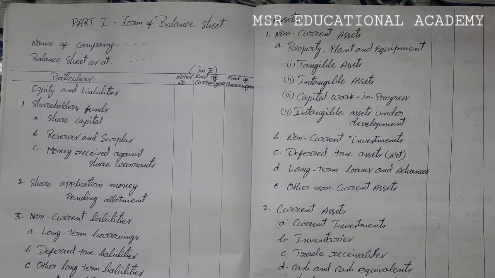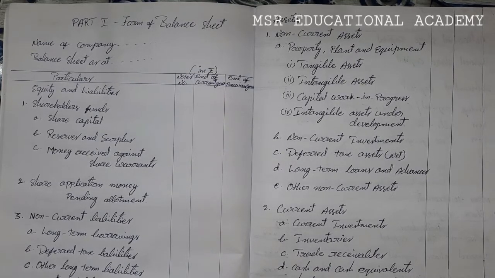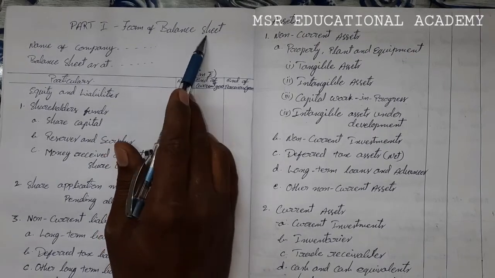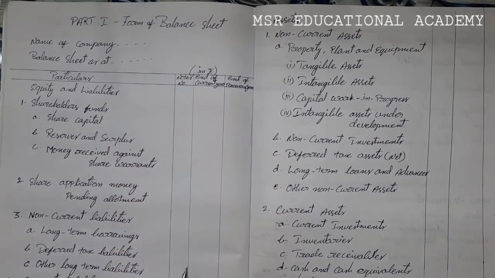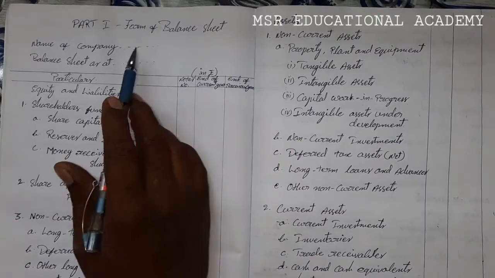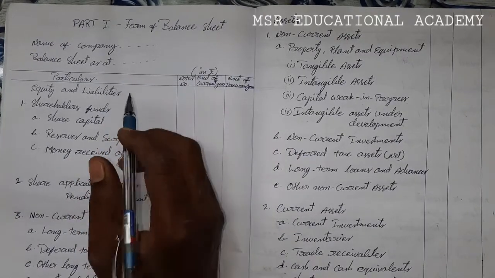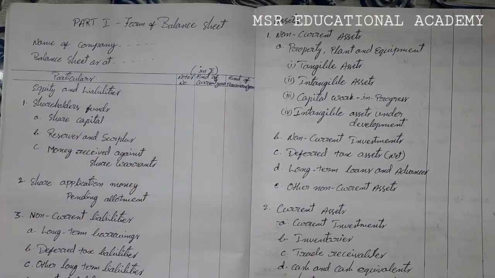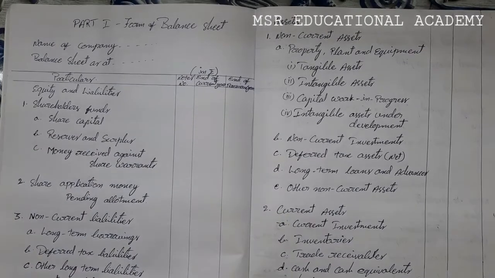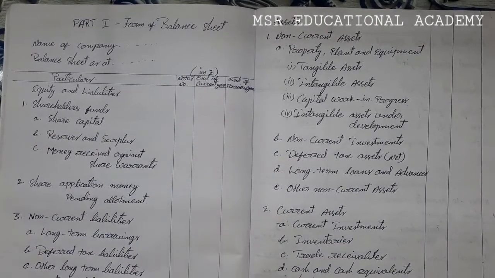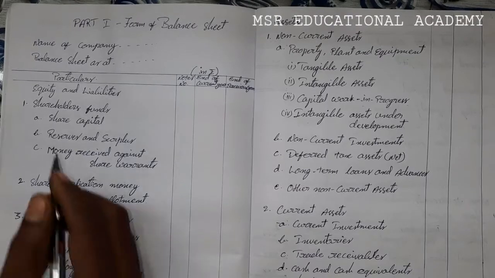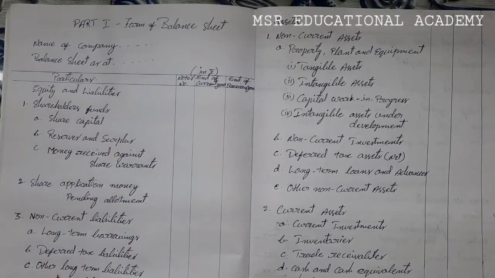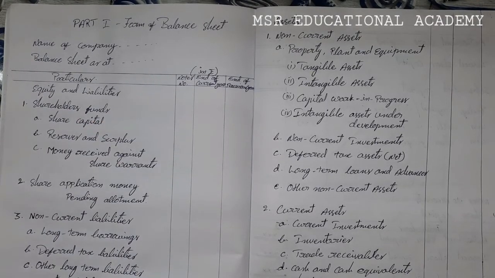Today we discuss the company accounts. There is a format of balance sheet. Under the balance sheet, first one, equity and the liabilities.